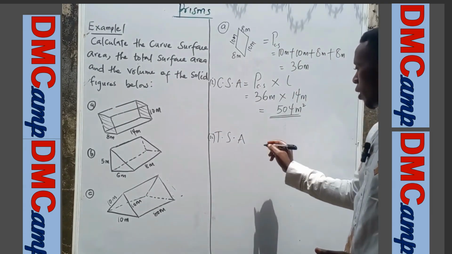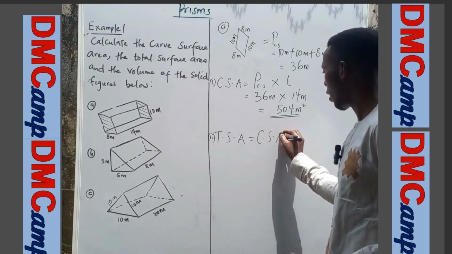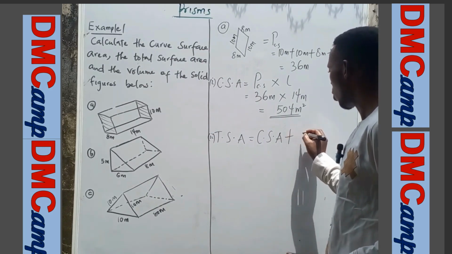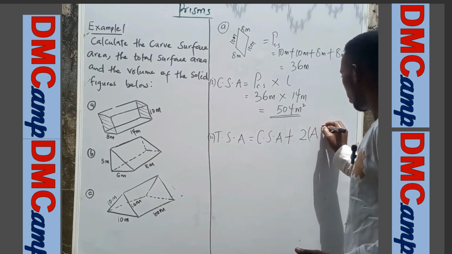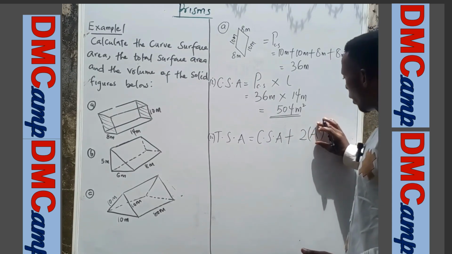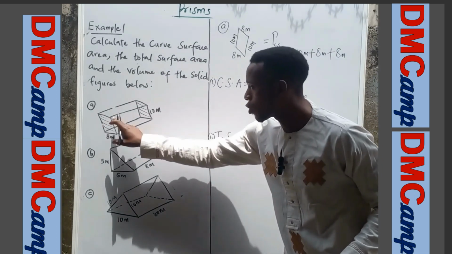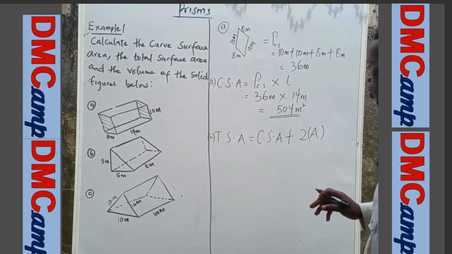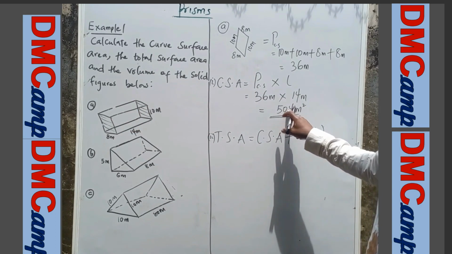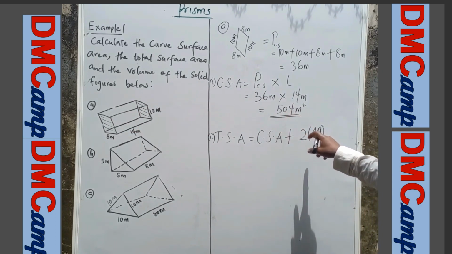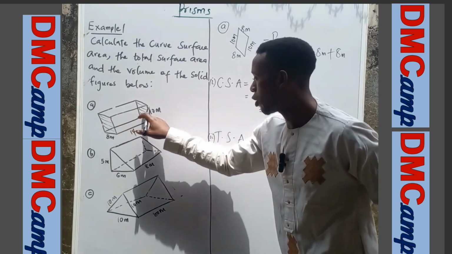The total surface area is simply the curved surface area plus the two areas of the cross section, the area of this plus the area of this. Now, we've gotten the curved surface area to be this. So let's try to get the area of this cross section and this cross section.